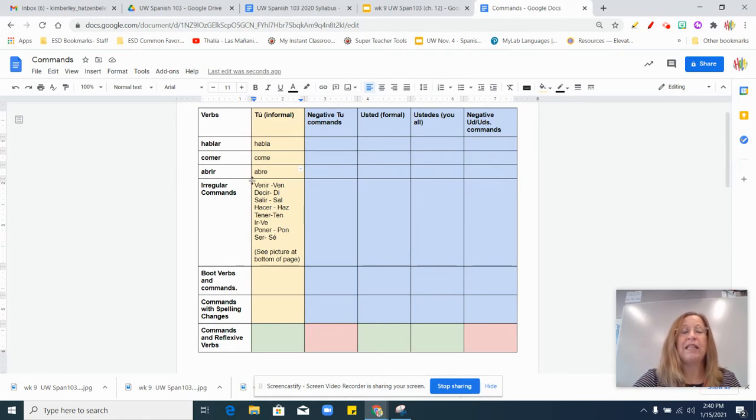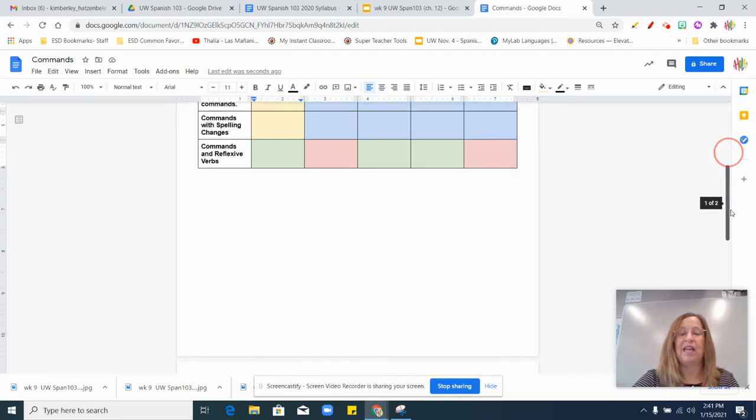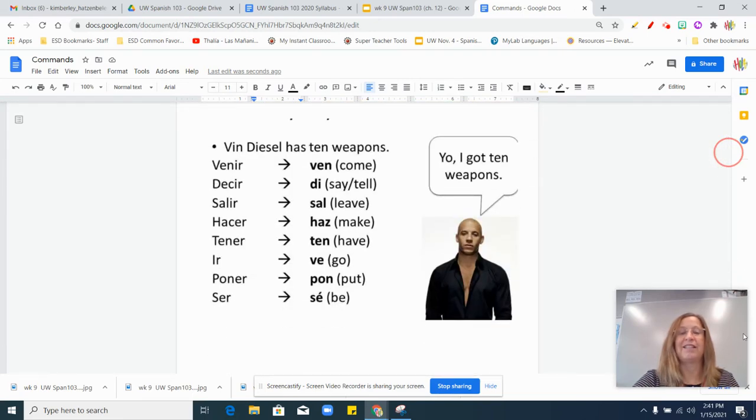So one teacher at some time in their life figured out a way to help students remember these irregular tú commands. Maybe you saw this last year with Mr. Tobias. And there it is, right? We got Vin Diesel. He's a famous tough guy actor.